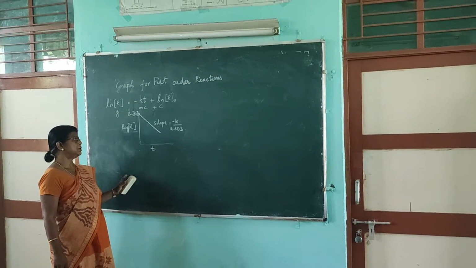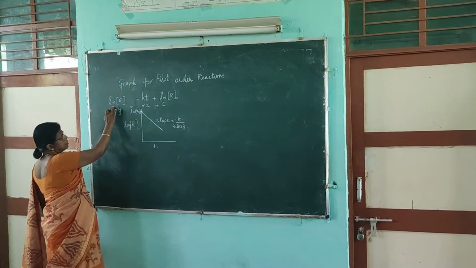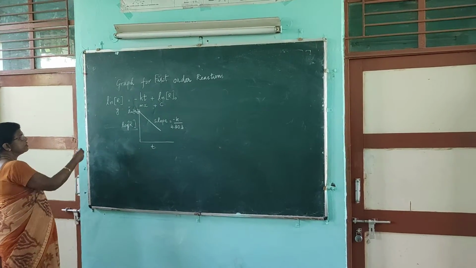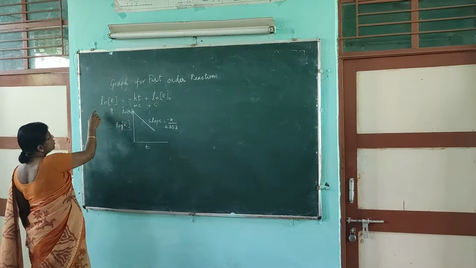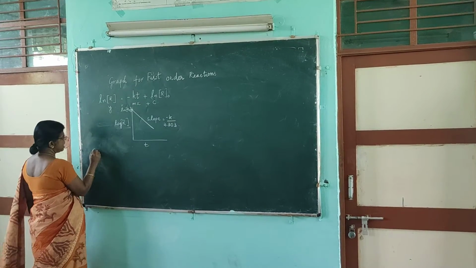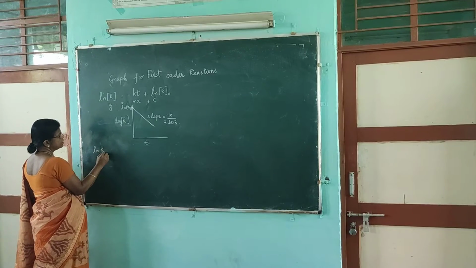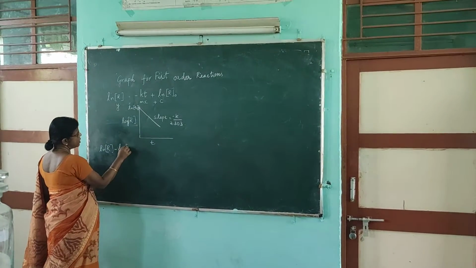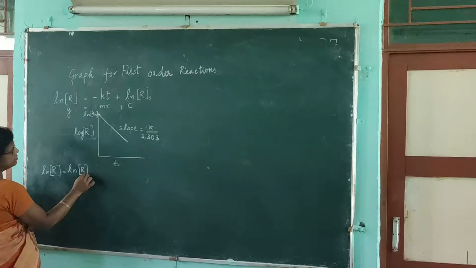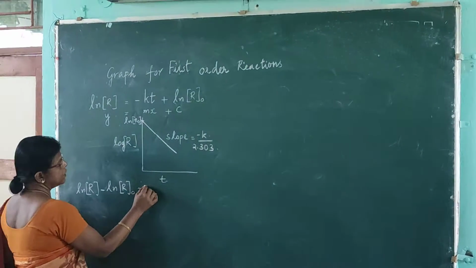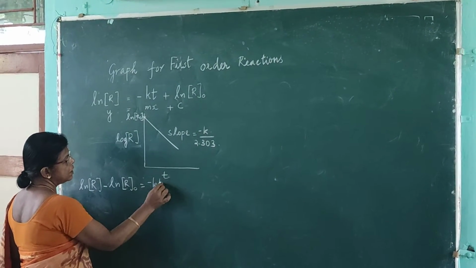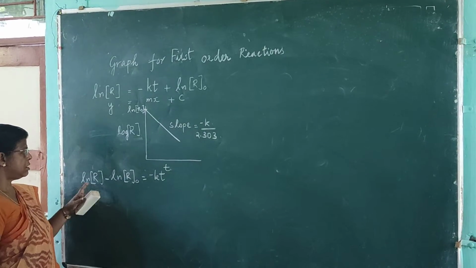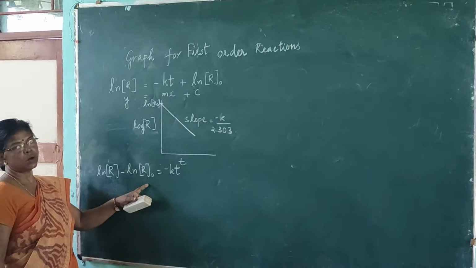So remember this. Now we can rearrange this equation. You will get ln r minus ln r naught is equal to minus kt. Now you see ln r minus ln r naught.